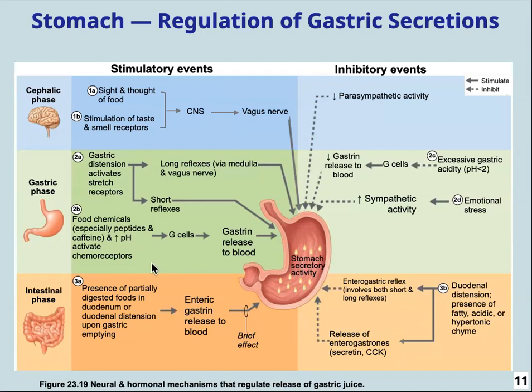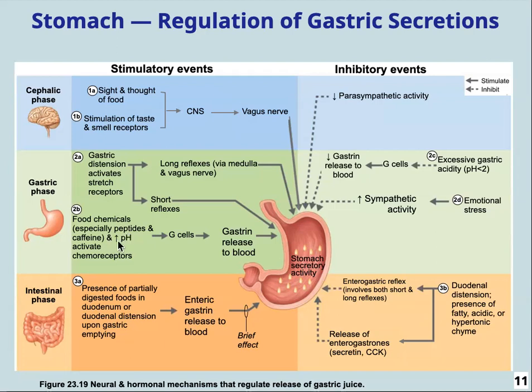But what's an even greater contributor to promoting the secretory function of the stomach is the hormonal influence. And this comes in the form of food chemicals, especially peptides and caffeine, as well as the elevation in pH, okay, from the food particles.